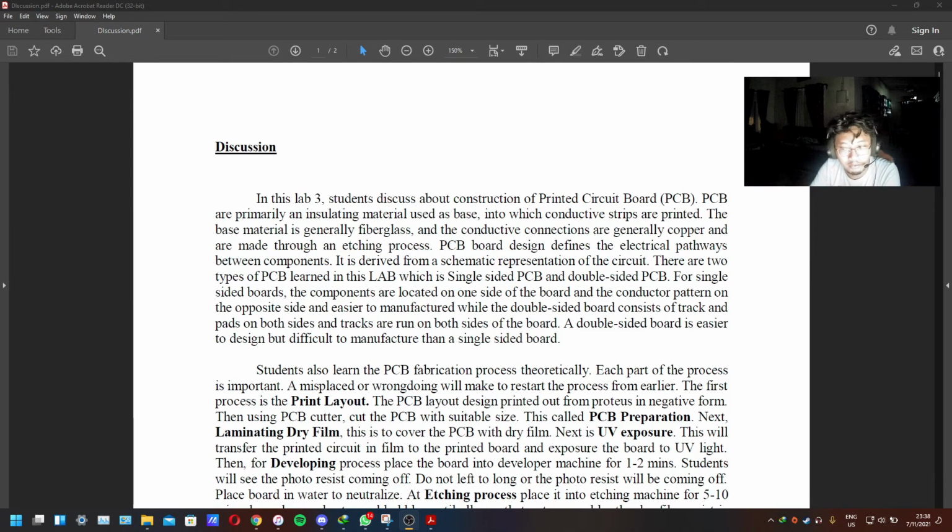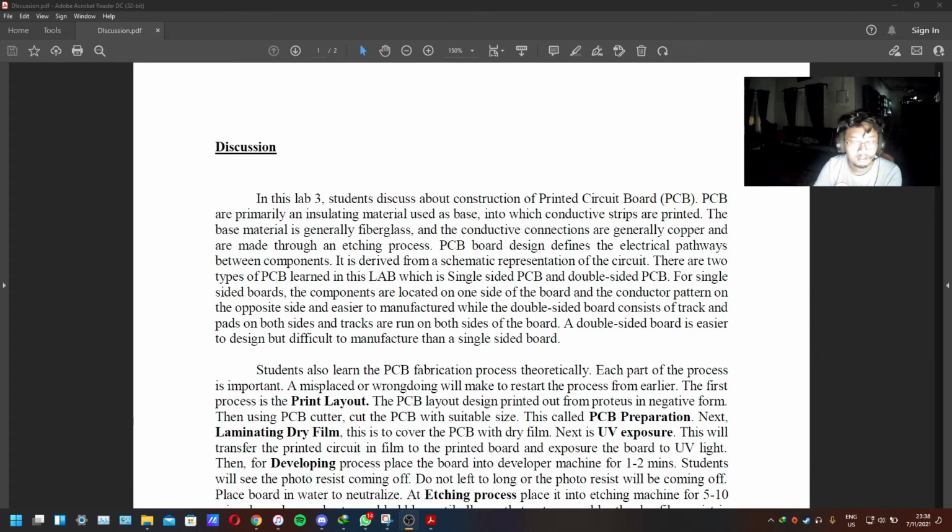This lab is about the construction of the PCB, mostly about the material used as a base, with conductive strips printed on the board. For this PCB, the base material is fiberglass, and the conduction paths are generally copper, made through an etching process.